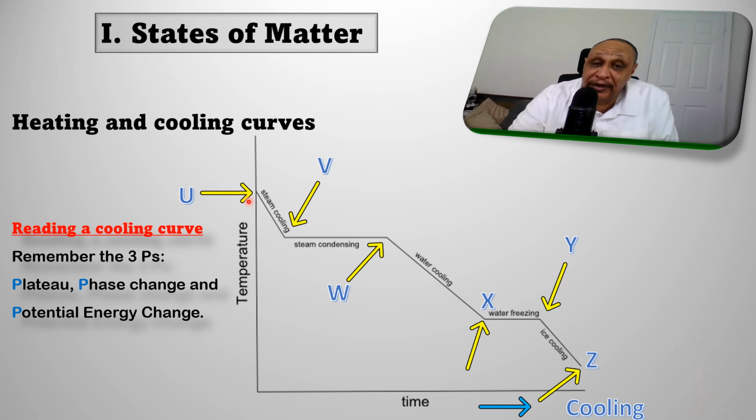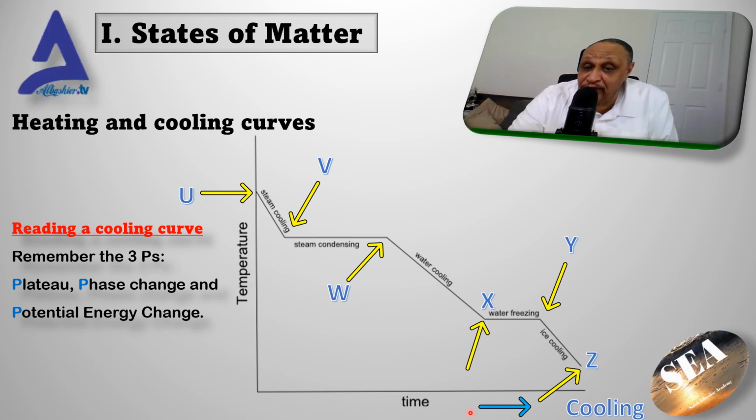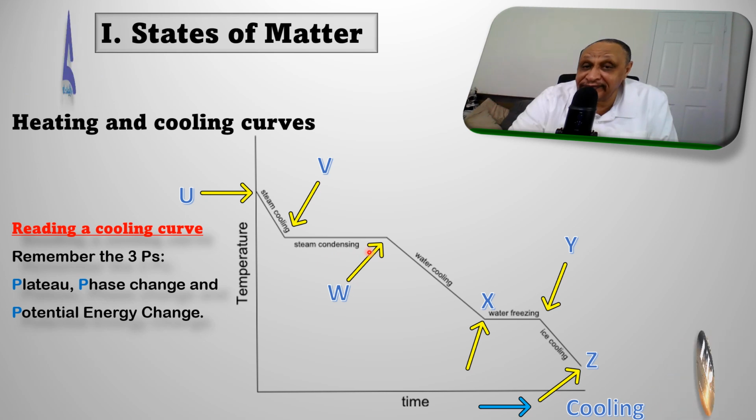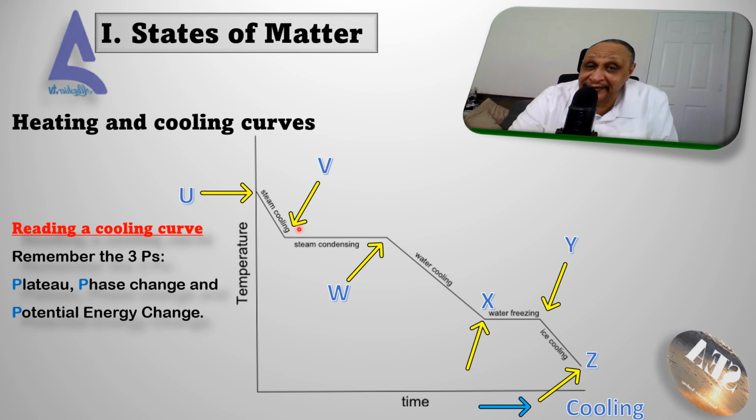And now when we go downwards, when we cool it over time, this gas or this steam is going to condense. So here is the condensing temperature of the gas, and here is the steam.